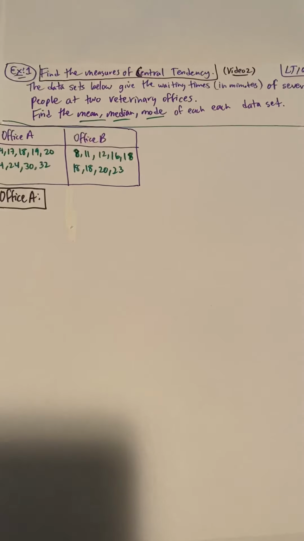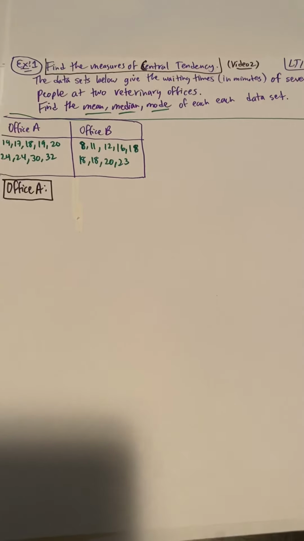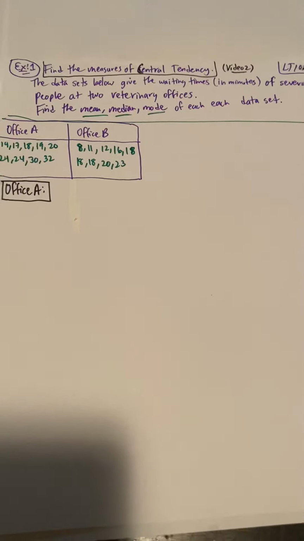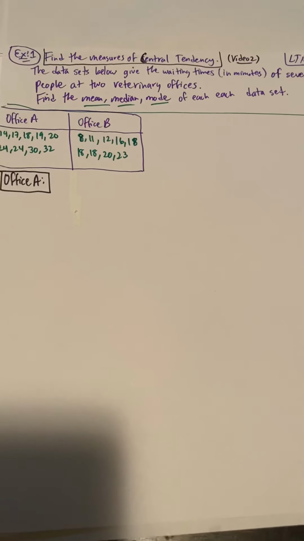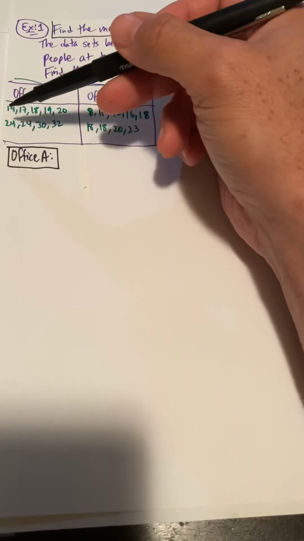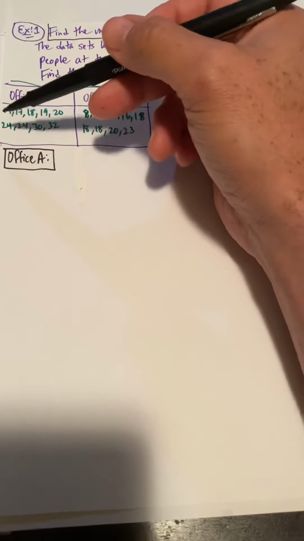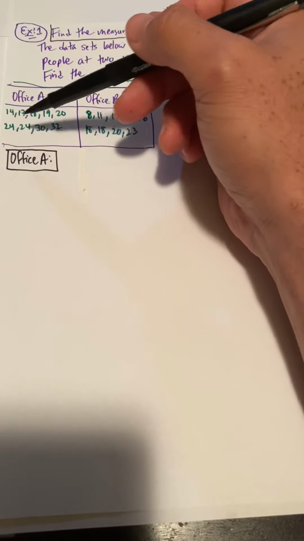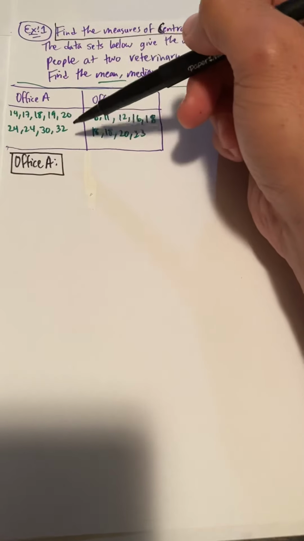Okay, so again, this is another real world scenario where we're asked to use the measures of central tendency to figure out how this impacts our daily life. Okay, so Office A, notice they have 14 and all the numbers are in ascending order, which means that we don't need to organize it when we find the median.